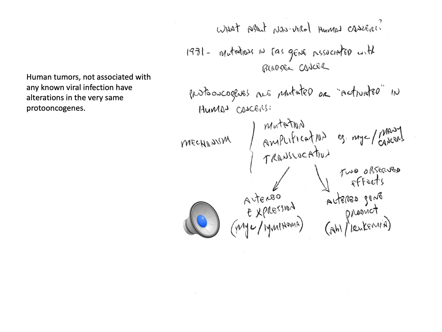So as far as we can tell so far, the genes that were identified in these experimental animal systems using the retroviruses may be the very same genes perturbed in human tumors. So what we identified in the retroviruses seems to hold over into non-viral human cancers.